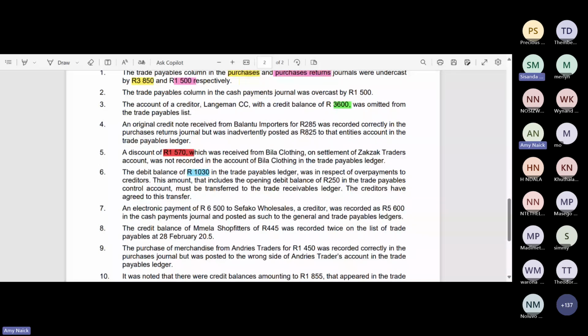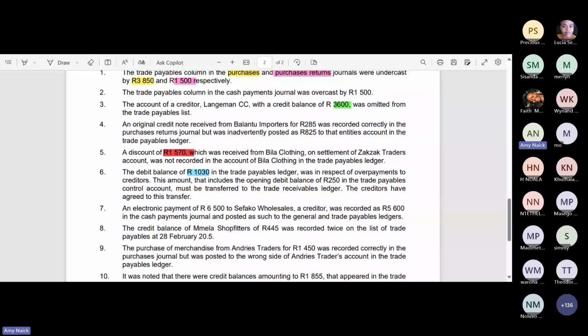Okay. So basically, 5 is saying to us that a discount of 1,570 was received from Byla Clothing on settlement of Zach's trading account, right? So they're saying Zach's account was settled and we got a discount.